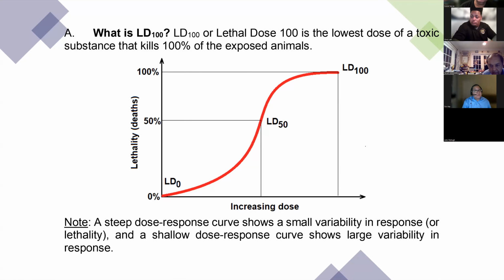How much of the population does LD 50 kill? 50%, or half, yeah. So as you see, if the curve is very shallow, then it takes a large dose to kill. If it's very steep, it kills right away. So great job, Jose and Chris.